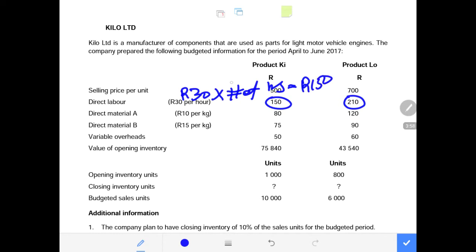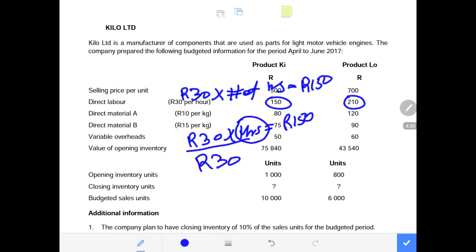So what are we looking for? We are looking for the number of hours it takes to complete 1 unit of product KI and then product LO. We have the 30 Rand, but we are looking for the hours it takes to complete 1 unit of KI, where the cost per unit of direct labor is 150. Because we are looking for the hours, not the 30 Rand, we divide by 30, so that 30 cancels 30.